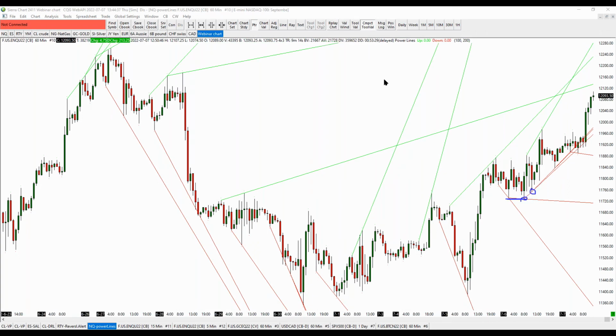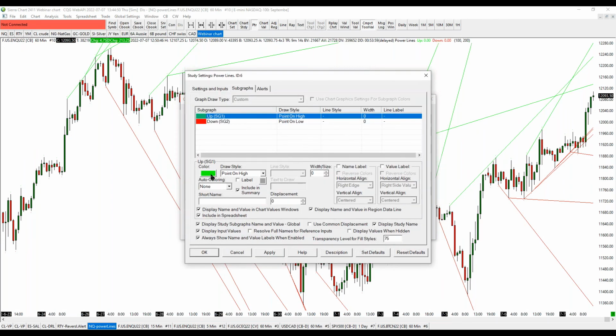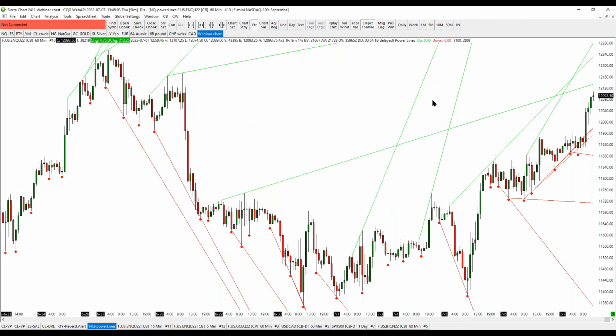In fact, let me show you in the power lines settings. Let's change the red. Okay, you see, I just made it more clear for you. The same goes with the green as well. Doesn't matter, but you get the point.